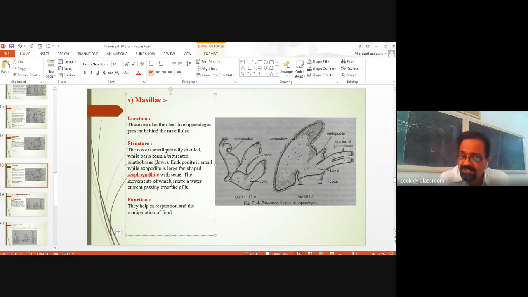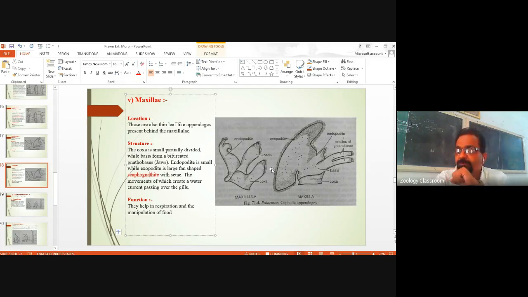First one is antennule, second is antenna, third is mandible, fourth is maxillula, or maxilluli in plural, and fifth one is maxilla, or maxillae in plural.